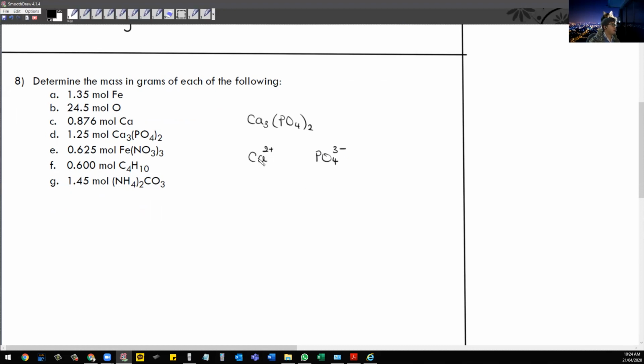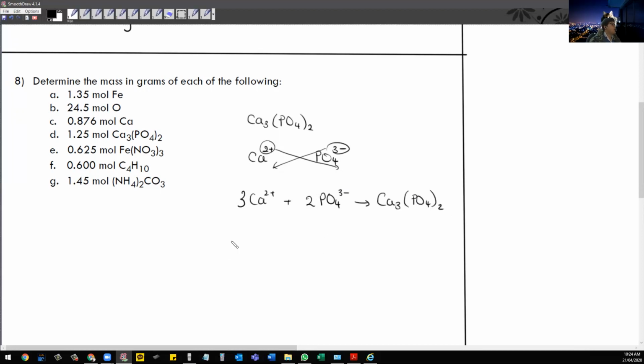So you need 3 of this and 2 of this. So just swap those 2 if you're lazy. What that will do is 3 calcium 2+ balances electronically with the 2 phosphate, true? Yeah, like that.